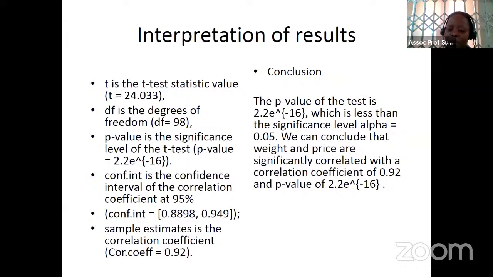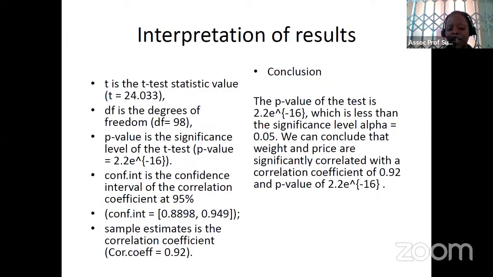And it is the smallest probability for the null hypothesis to be assumed to be right. So anything below 0.05 shows that there is evidence to reject the null. And here our null is that the correlation between price and weight is equal to 0.